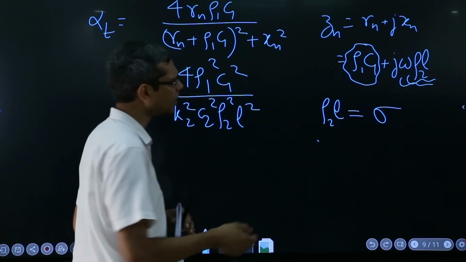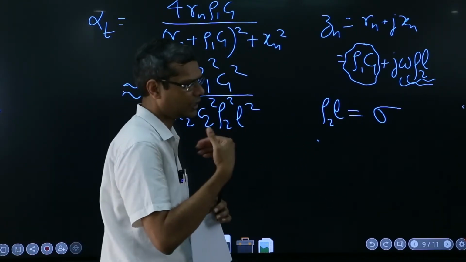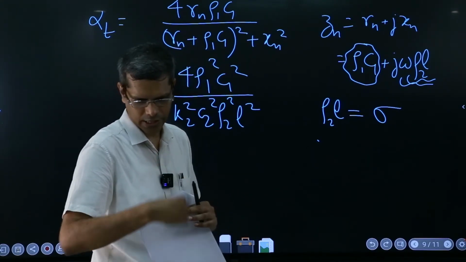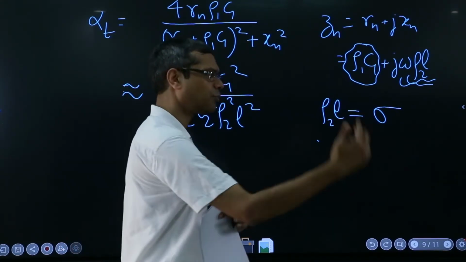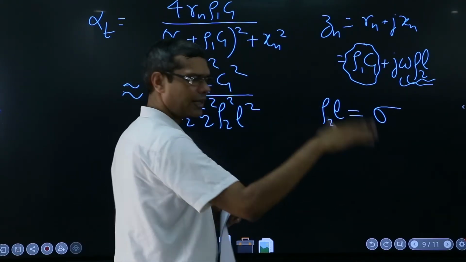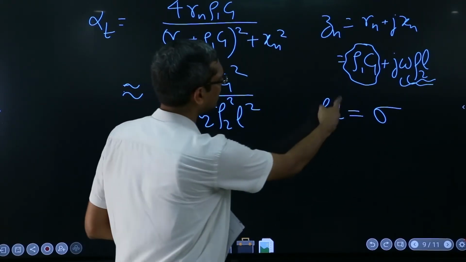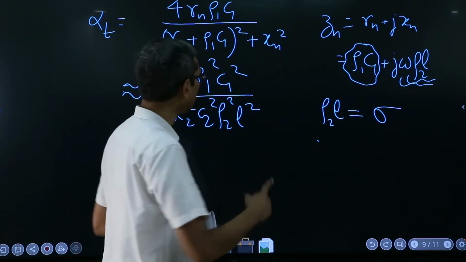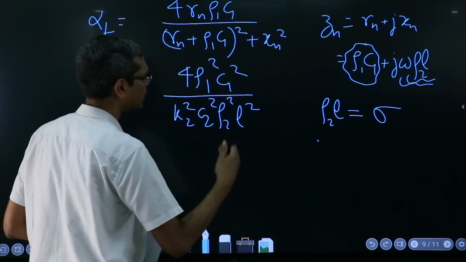And this layer of material is trying to push the other side air with this impedance which is completely resistive. So that's how it behaves, and you get the same expression.